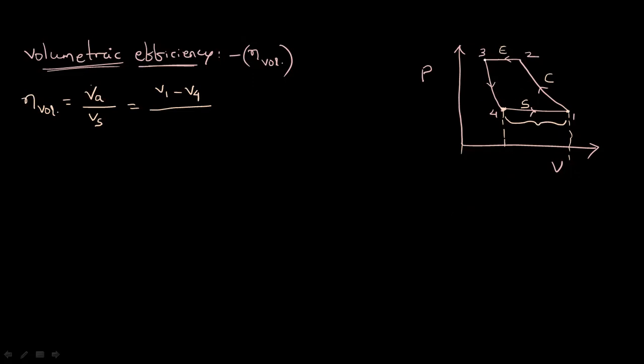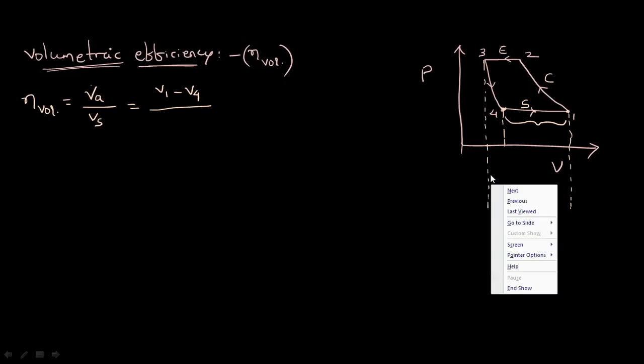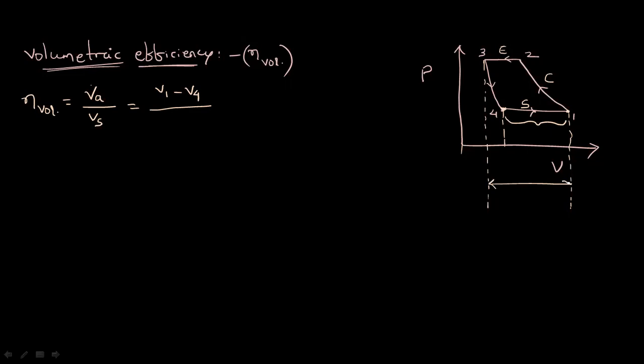So from V1 to V3, this is the swept volume. I will draw a dotted line. This volume is called the swept volume. The maximum volume of the cylinder is V1, the minimum volume of the cylinder is V3, and the difference between them is called the swept volume.